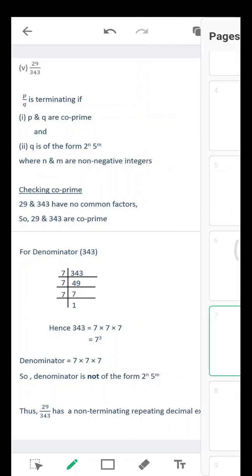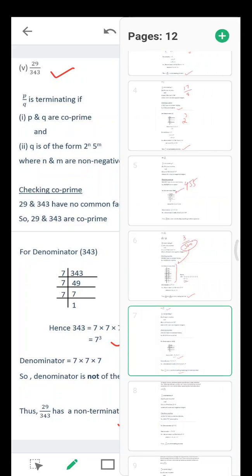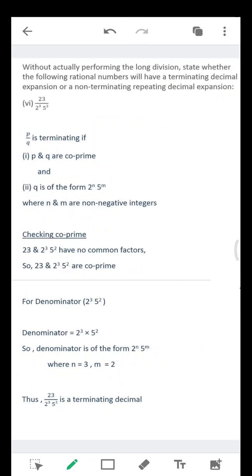I have given all the bits here. Like the fifth one, you can see the denominator is prime factorized and we are getting 7 cube, so it is non-terminating repeating because we need 2's and 5's only. It has 7. Then the 8th, 6th one, all the bits I have done here for you.